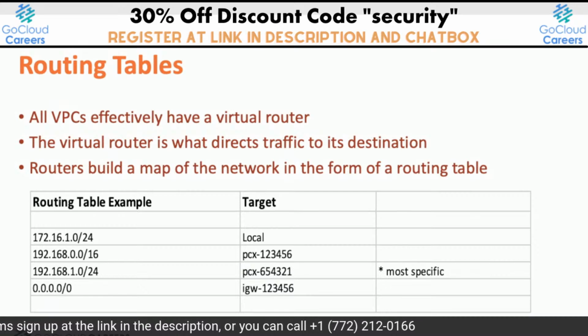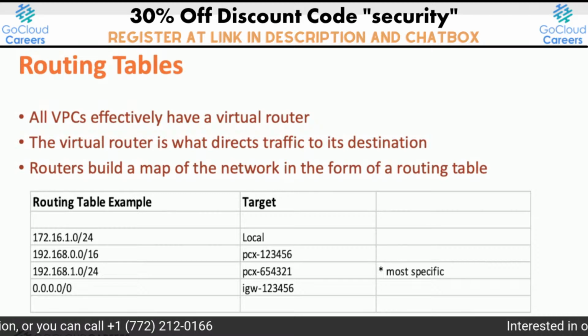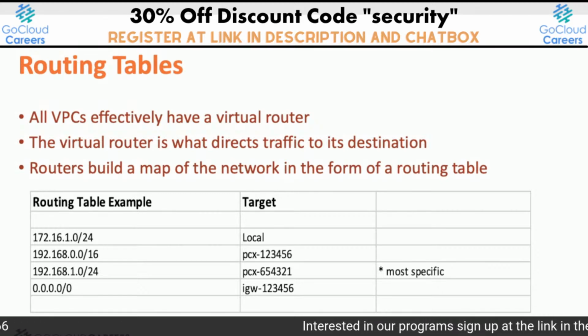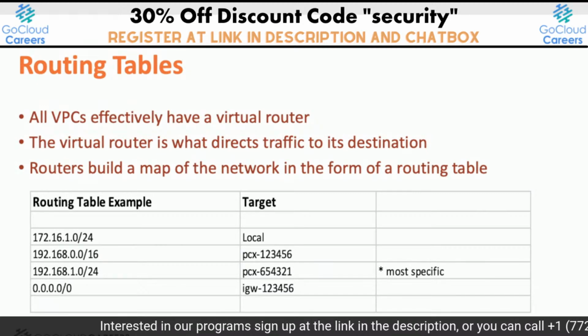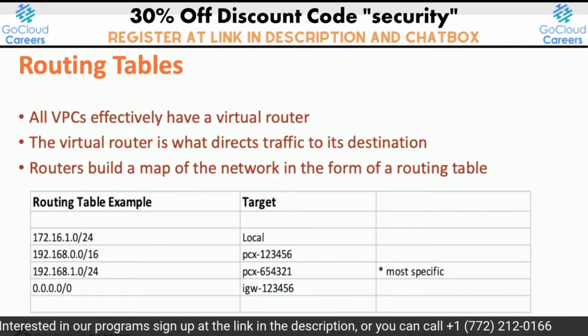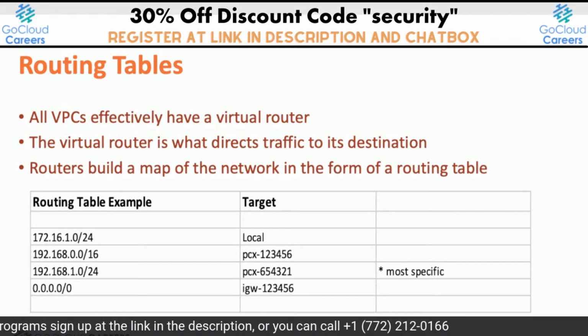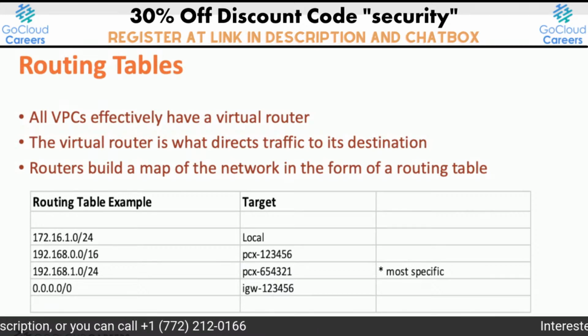But which one's more specific? The one with the longer subnet mask, the 192.168.1.0. So if we want to reach 192.168.1.0, we're going to end up using the interface PCX-654321. But if we want to reach any other subnet inside of that range, we're going to use the interface PCX-123456.